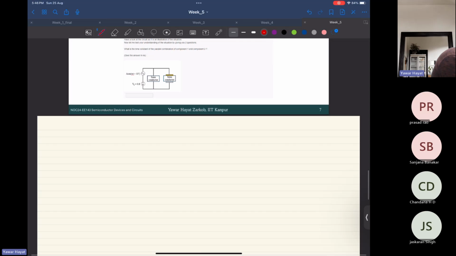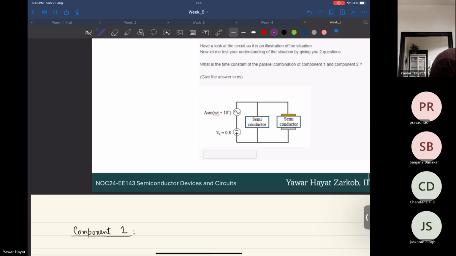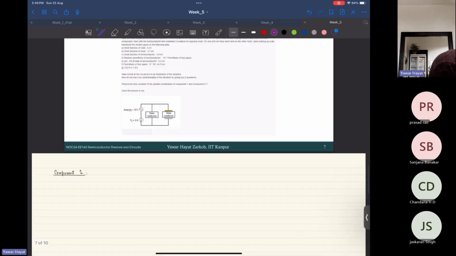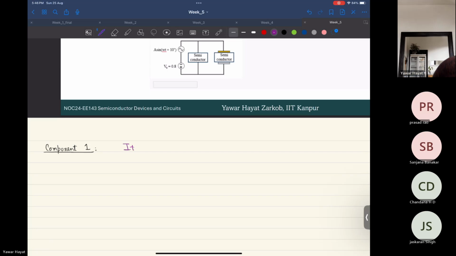So this is what I mean. We have two components. This is your component one. In component one, clearly, as I mentioned, it is a resistor, and we'll use R is rho L by A for it.